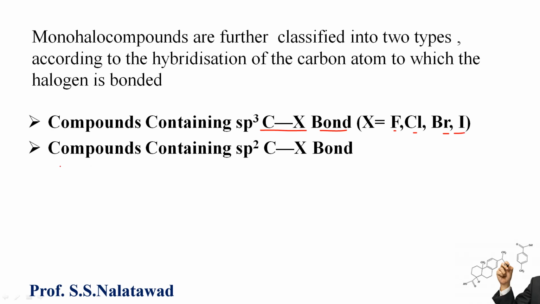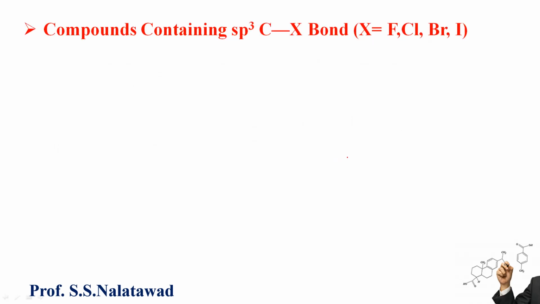And next, compounds containing sp2 carbon-halogen bond. Let us look at the first type, compounds containing sp3 carbon-halogen bond. This type is further classified into three types, that is alkyl halide, allylic halide and benzylic halide.